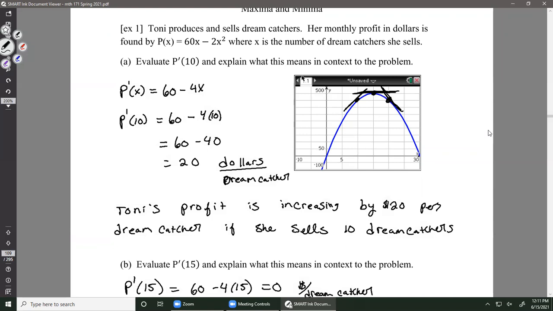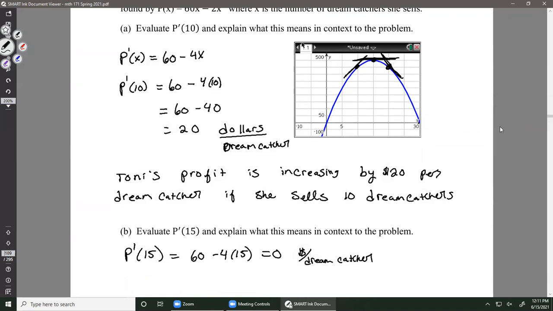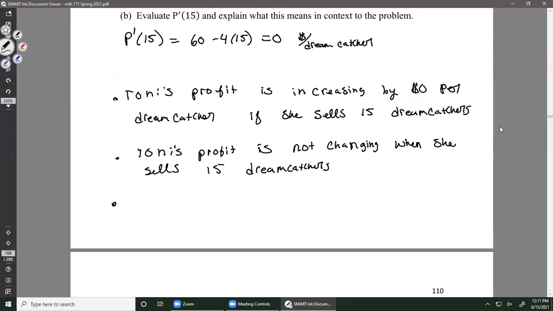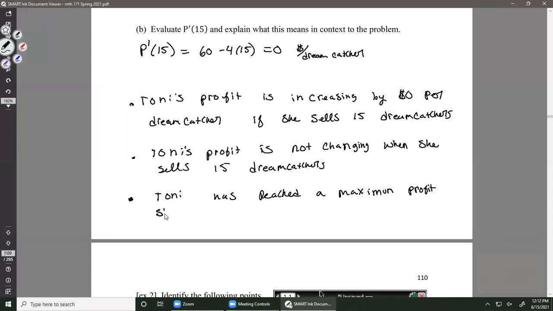So since it went from increasing, flatline, decreasing, what we can actually say is Tony has reached a maximum profit since if she sells one more dream catcher, her profit does not change.